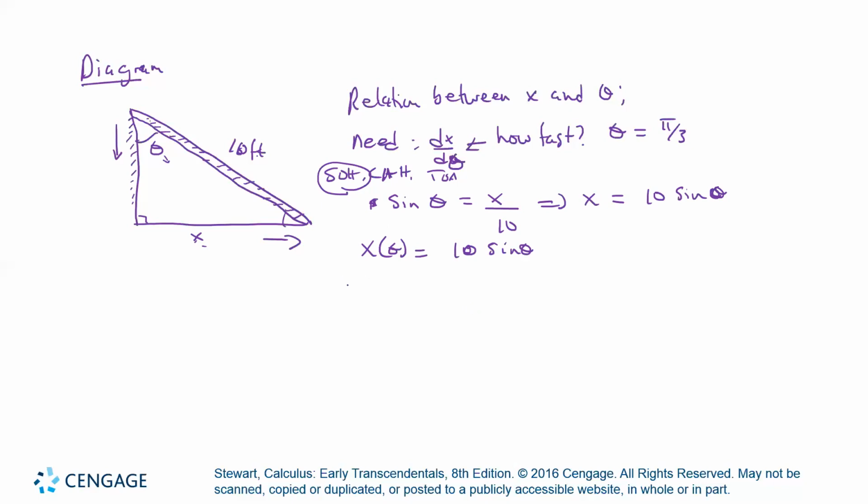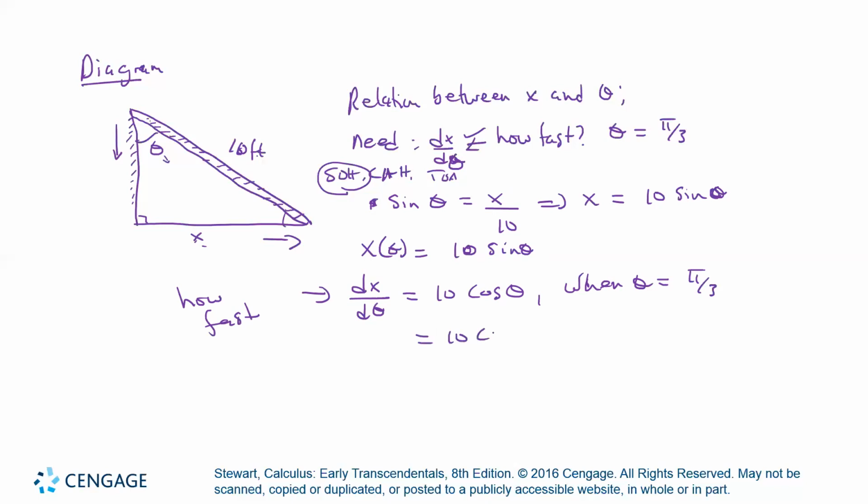Now the rate, dx with respect to the angle, which we are looking for, is the how fast. If you differentiate this, you have 10 times cosine of theta. Then when the angle is pi by 3, this is 10 times cosine of pi by 3.